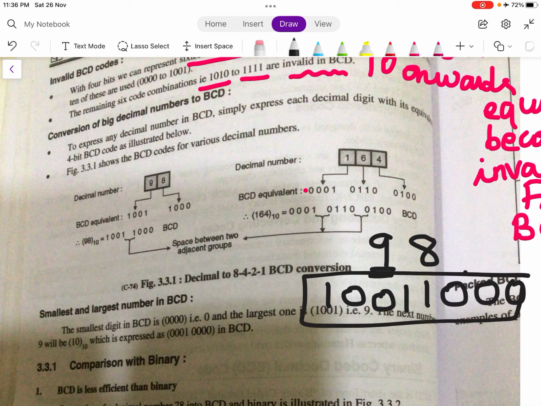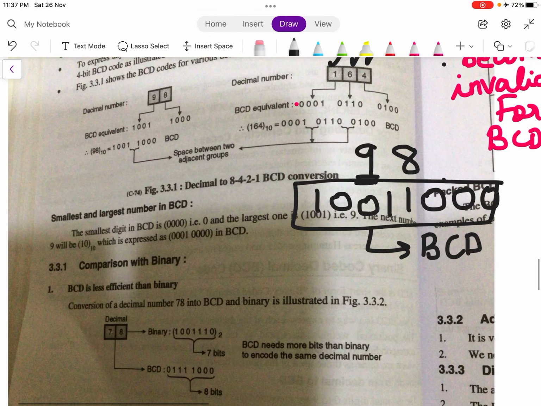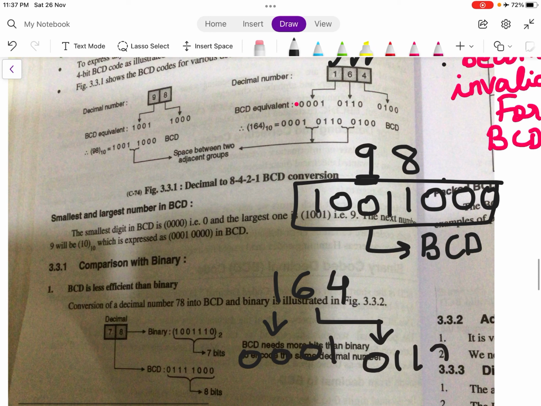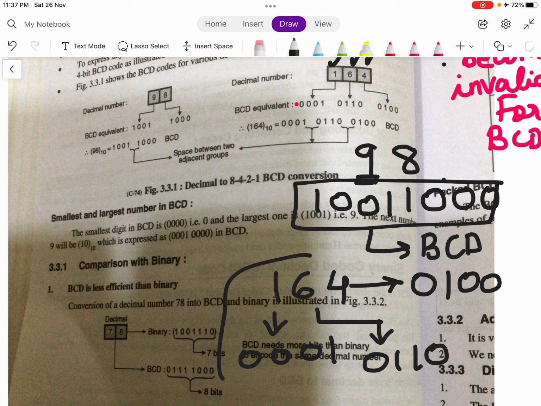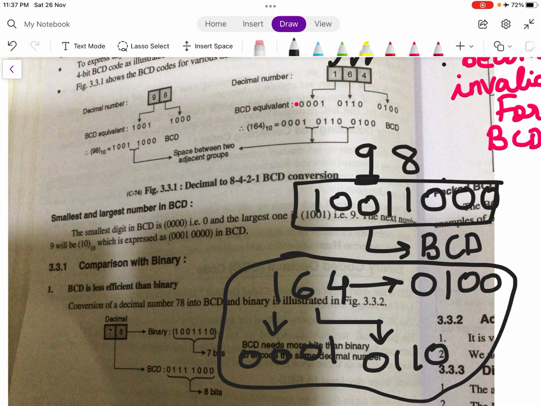So this is the BCD for 98. Similarly, if you want to represent 164, 1 binary is 0001, 6 binary is 0110, 4 is 0100. So this will be the BCD equivalent.